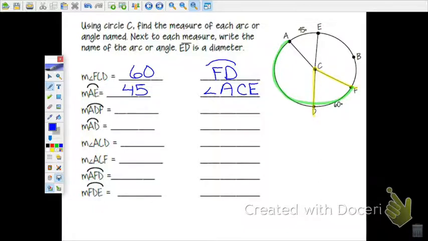Could you take 180 and subtract 60? I can't subtract 60 because this is not a diameter. My diameter is going from E to D, so how does that help me?